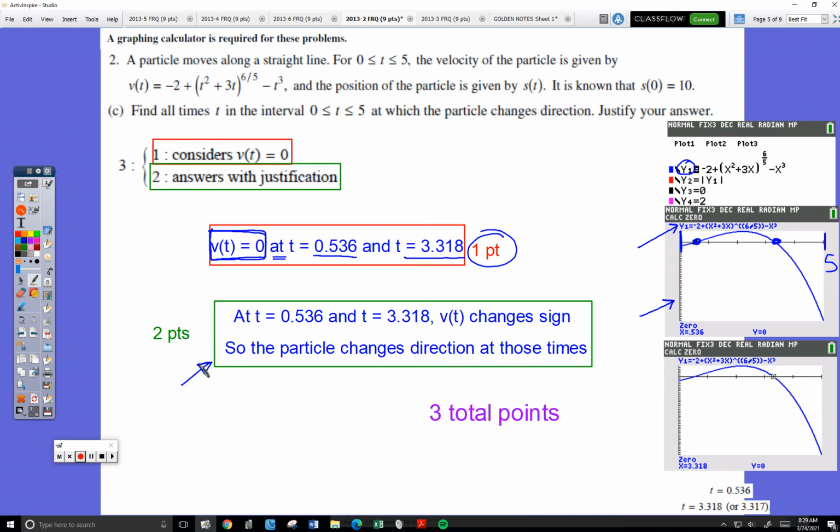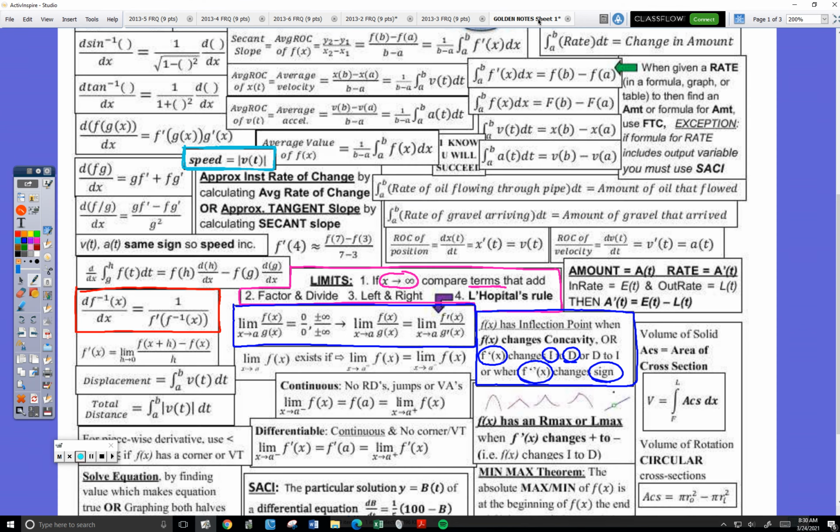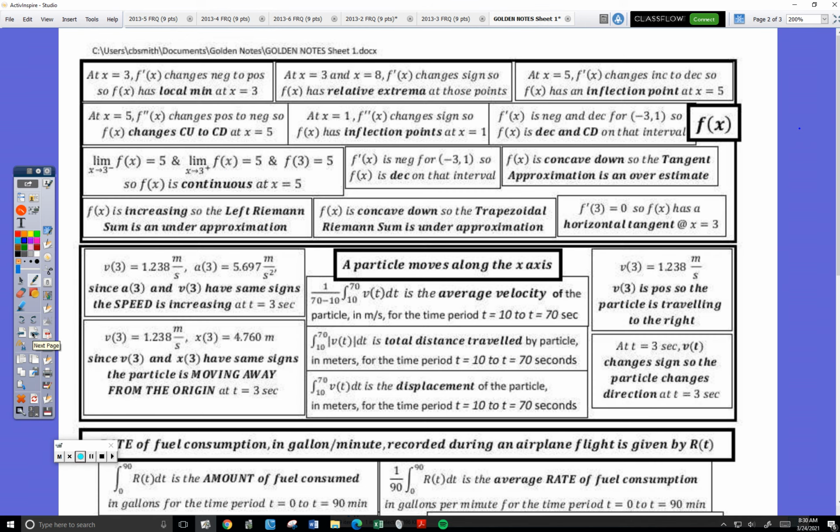If you have a hard time remembering how to write that so that you get both points, look at your golden notes. Look at the back side of sheet 1. And there's a whole section here about particle moving along the x-axis.